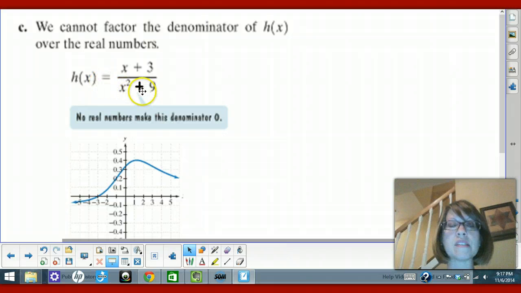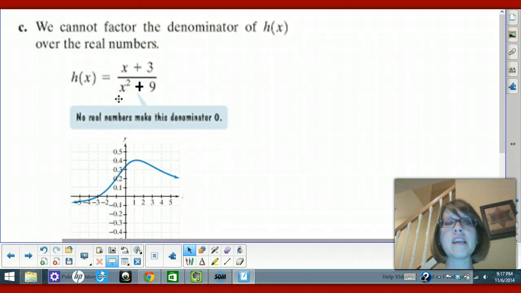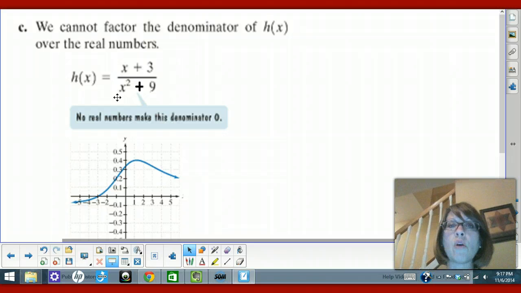But if you have a sum of squares, you are never going to be able to have a denominator of 0. You're going to take a number, you're going to square it, and it will be 0 or positive, and then you're going to add 9 to it. So the smallest the denominator could be is 9.